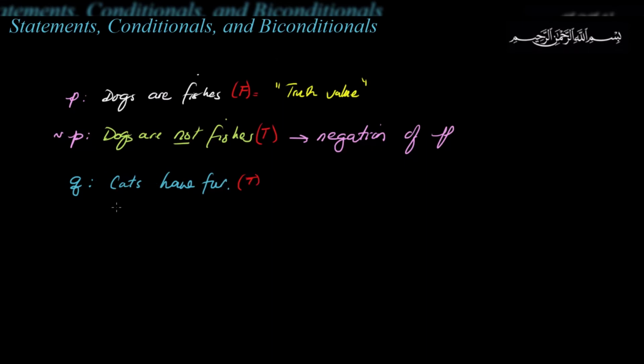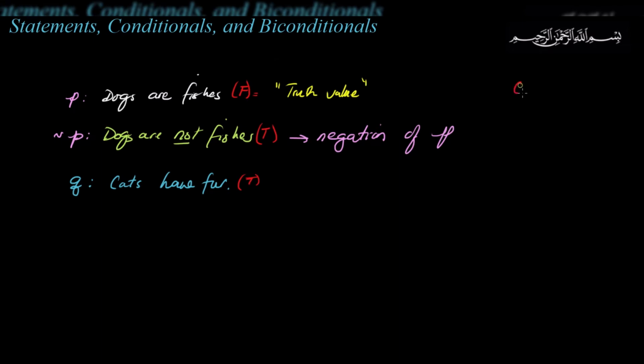Now, we can combine these two statements using and or. So we can combine these two statements to make compound statements. Compound statements are two statements put together, and we can put them together using and or.